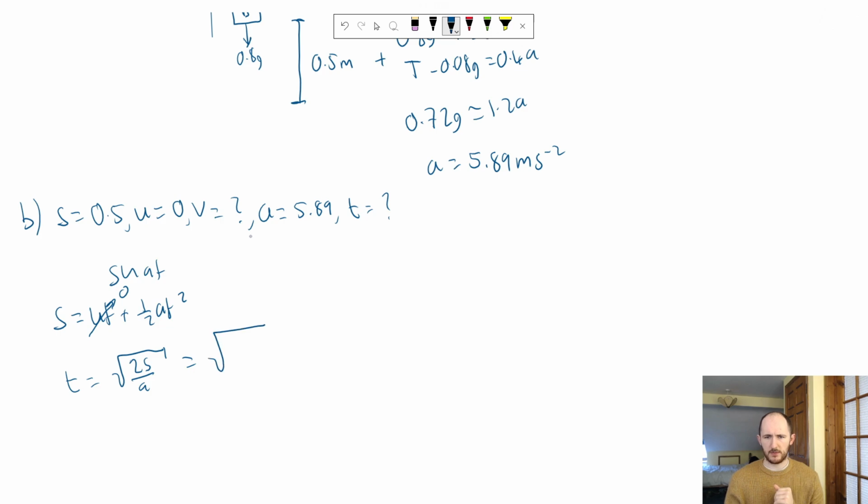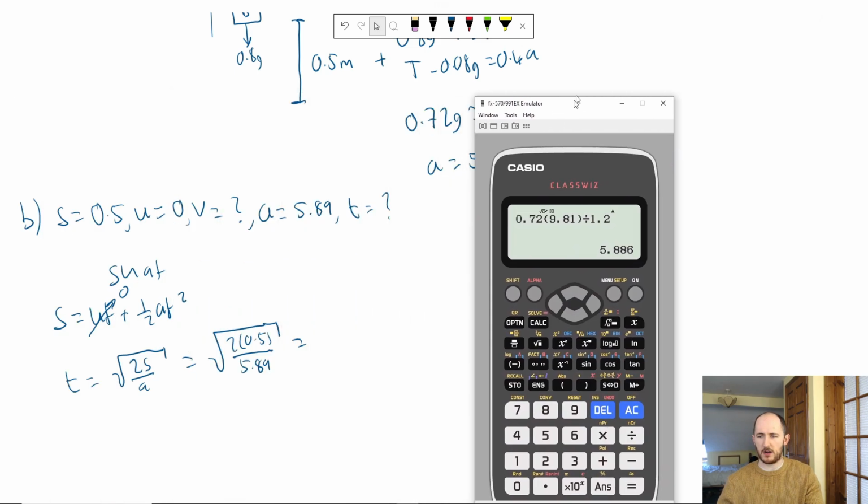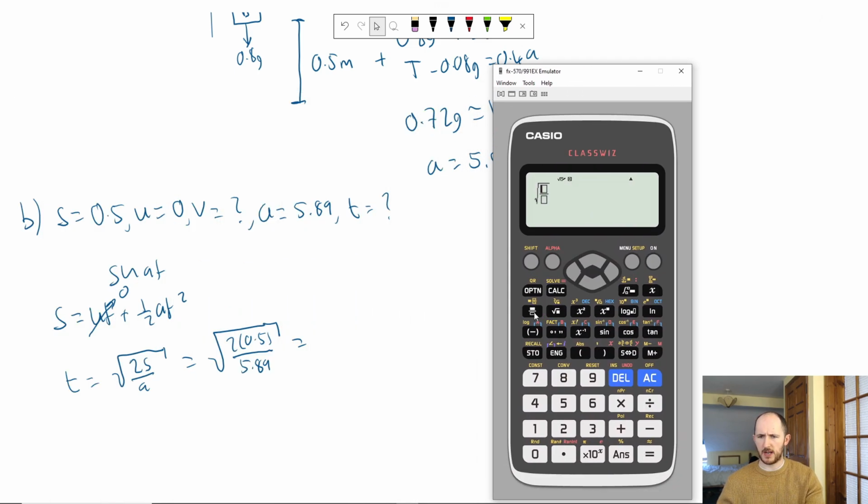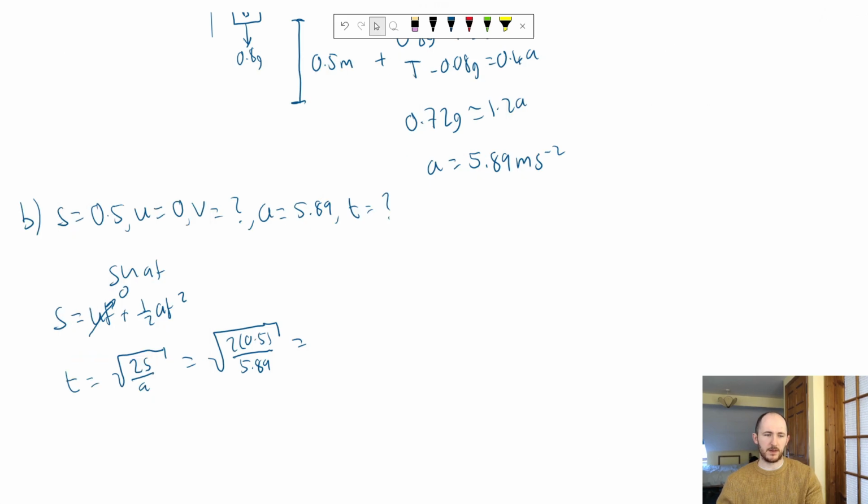So square root of 2 times 0.5 over 5.89. This is going to be quite a small number, which, fair enough, it's only moving half a meter. So the square root of 1 over 5.89 is 0.412 seconds.